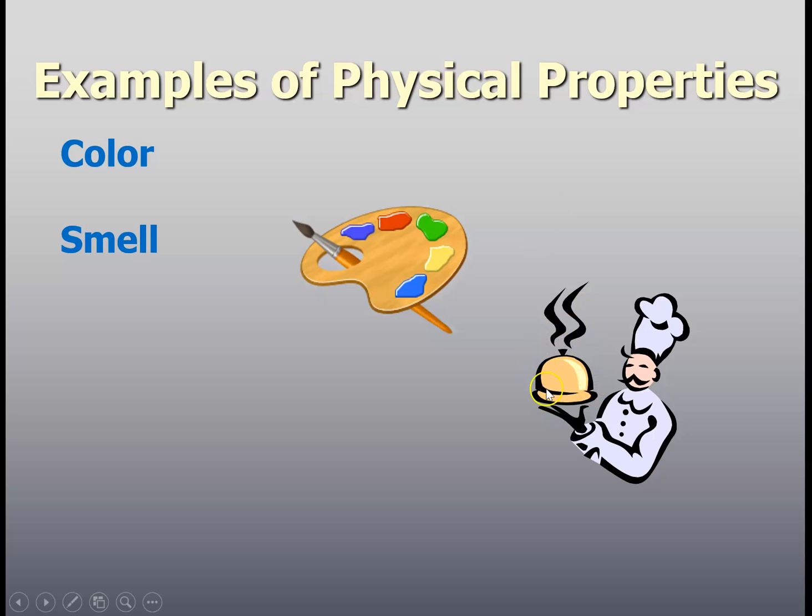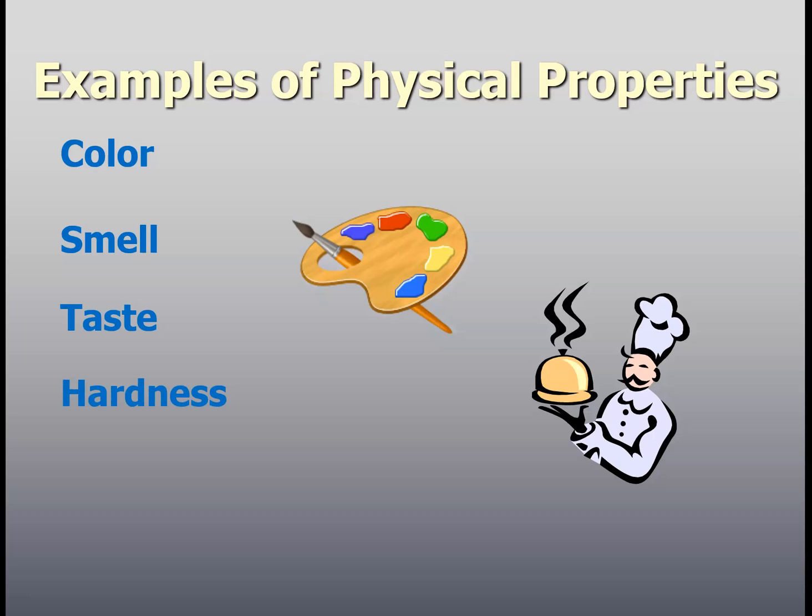The dinner smells sweet. Well, that is one of our senses, so that would be a physical property. Taste. The cookie tastes salty. That is a taste done by one of our 5 senses, so it is a physical property.